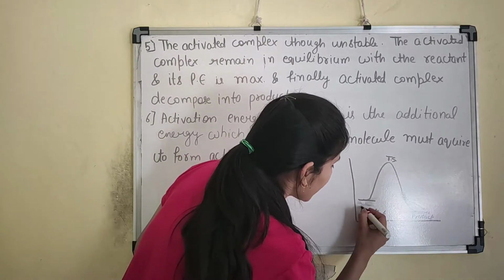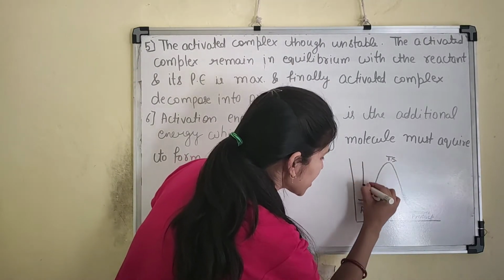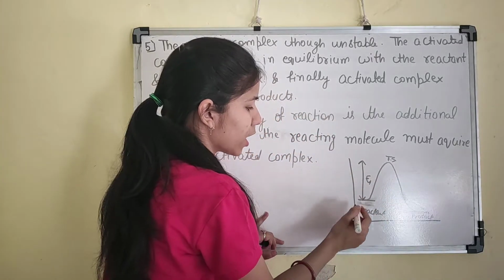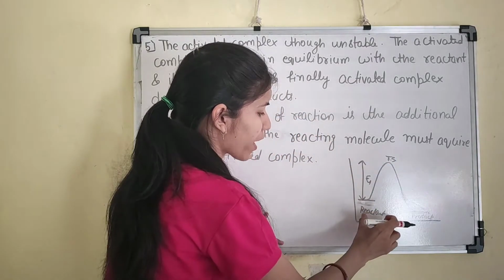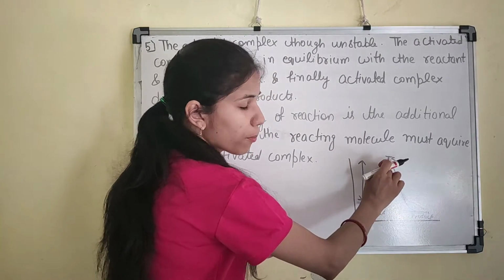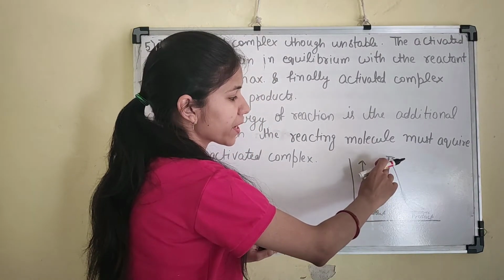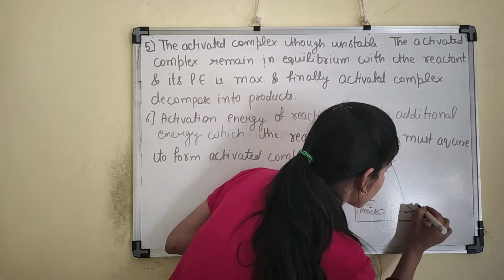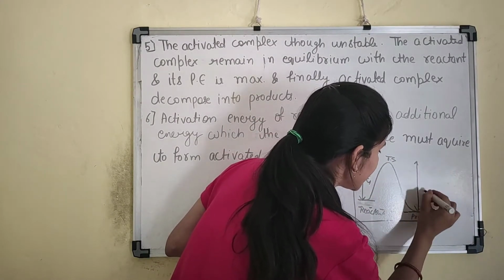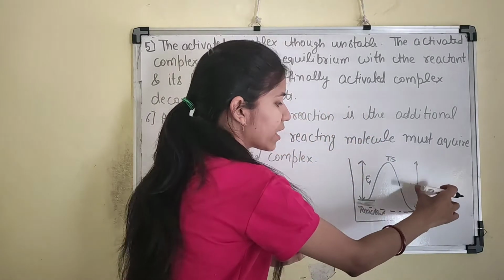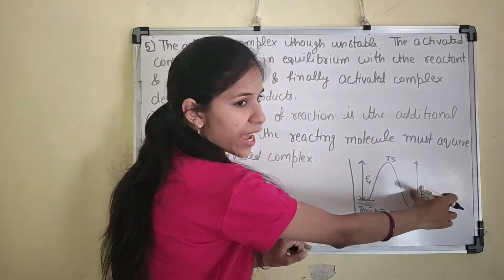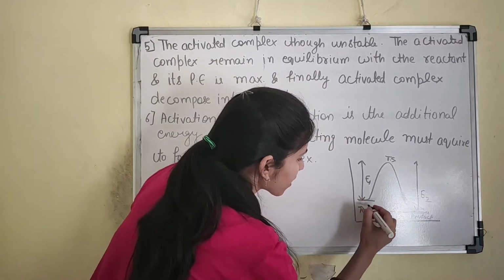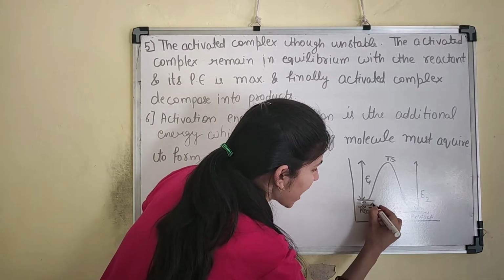This is called the activation energy of the reactant, because this is the energy required by the reactant to form the activated complex or transition state. This energy is E2, the activation energy for the product, and this is known as delta E.